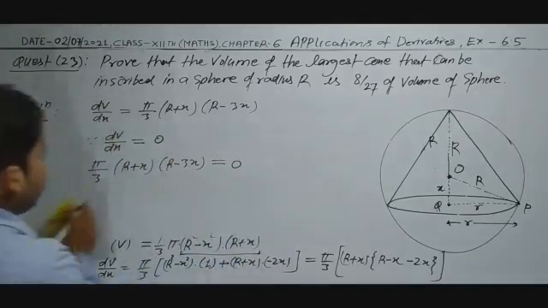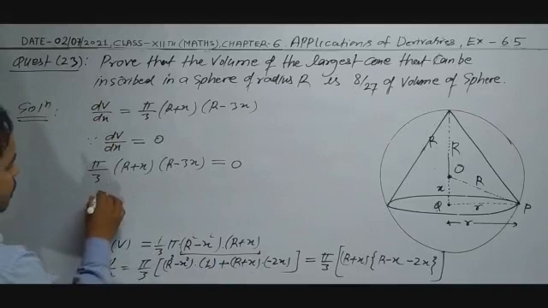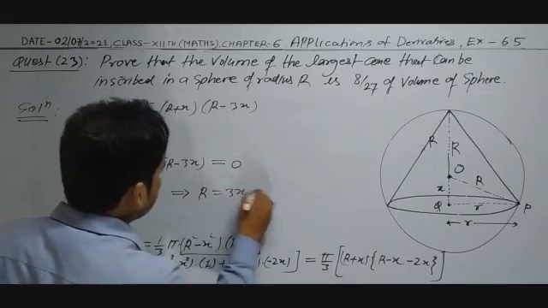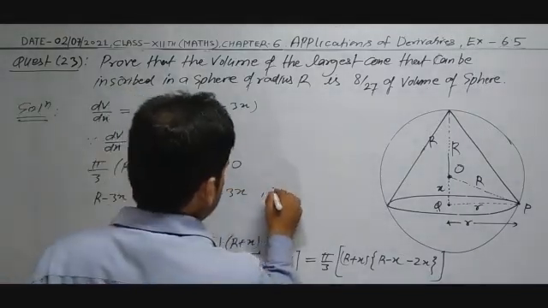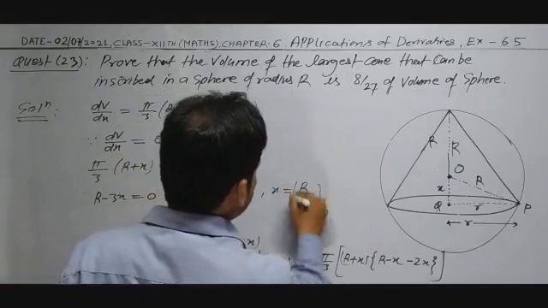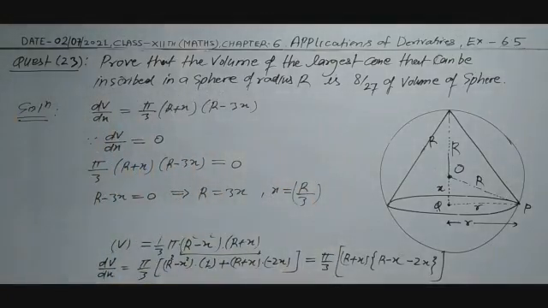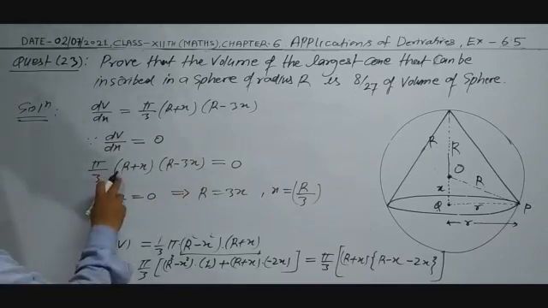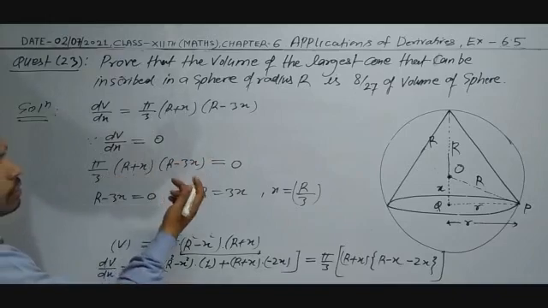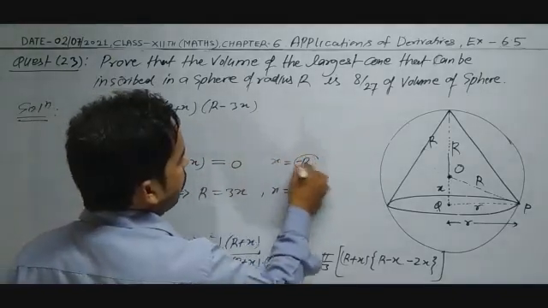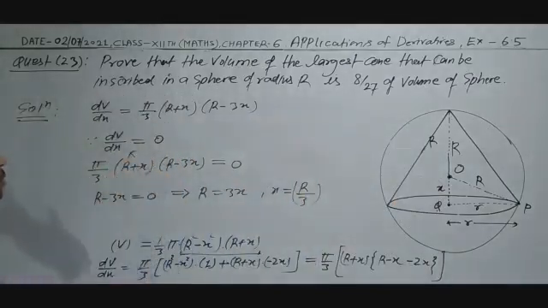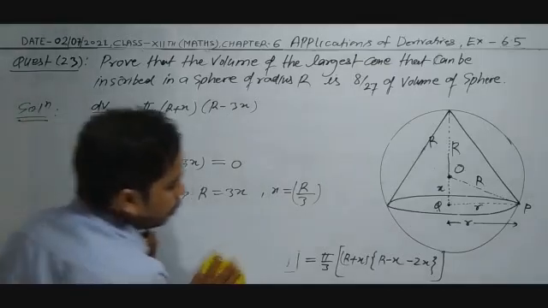So R minus 3x is equal to 0, which implies R is equal to 3x, so x is equal to R by 3. And from R plus x equal to 0 you get x equal to minus R. Since x is a distance, it cannot be negative, so we will not take this value. Now you have to differentiate again for the second derivative.